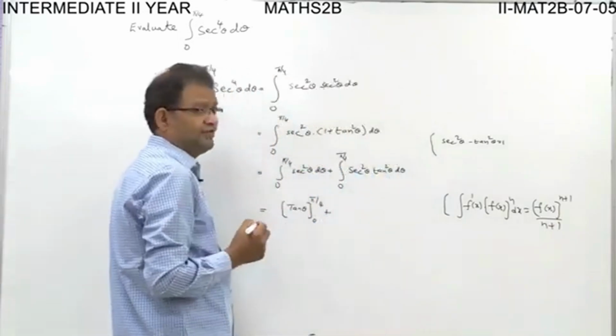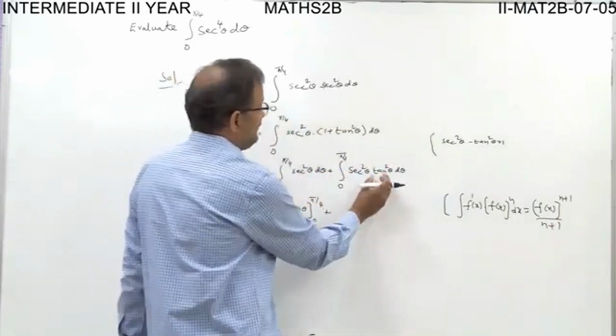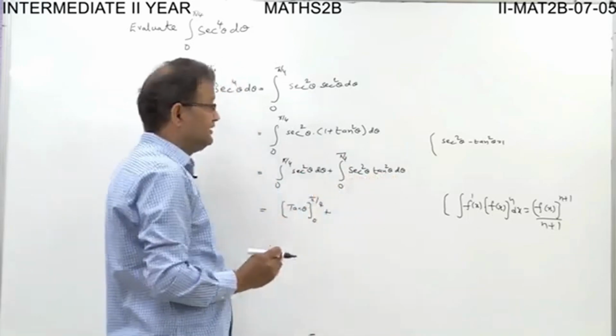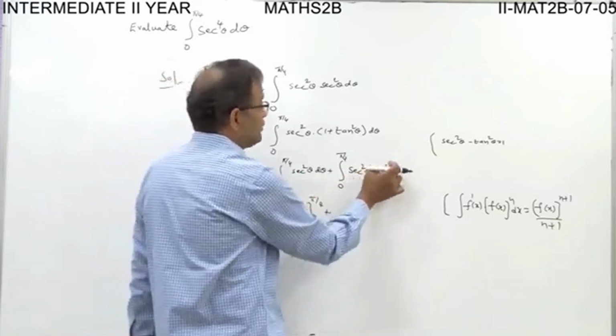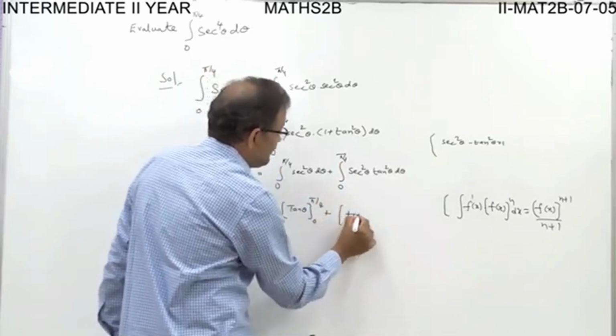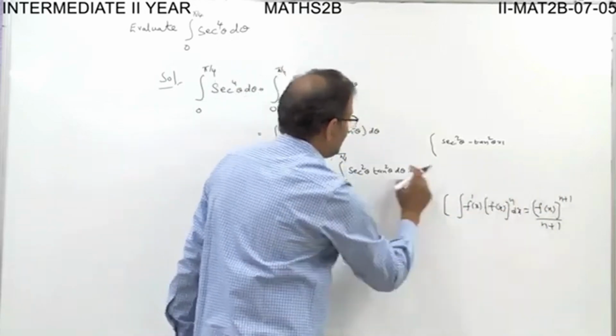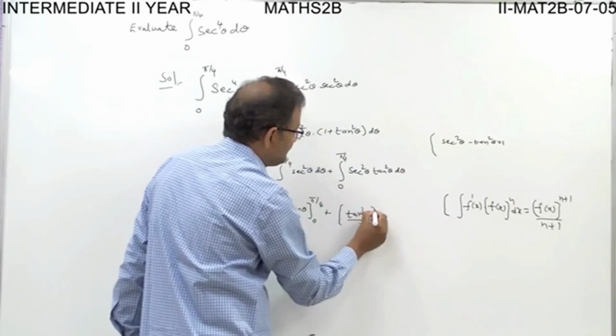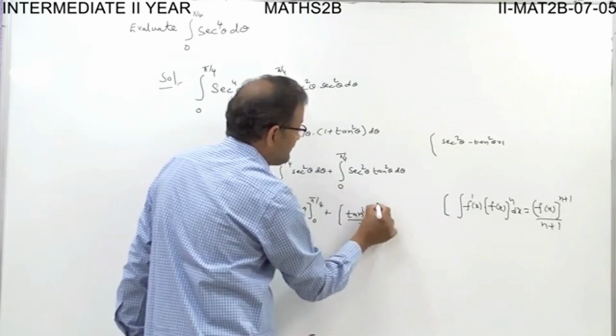Here we can use that formula with f of x equal to tan theta, f dash of x equal to secant square theta, and n equal to 2. Then it is equal to tan to the power of 2 plus 1, that is tan cube theta by 3, 0 to pi by 4.